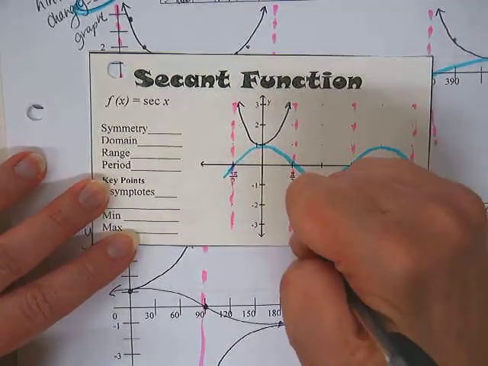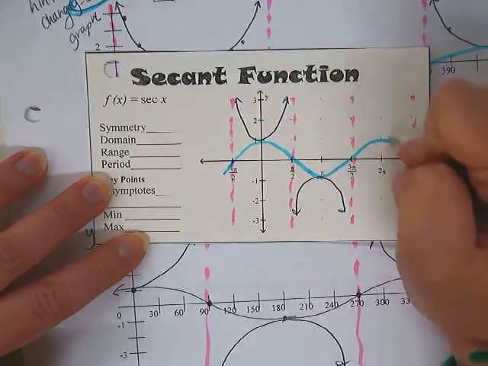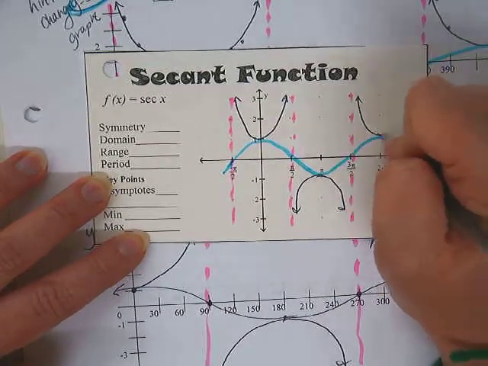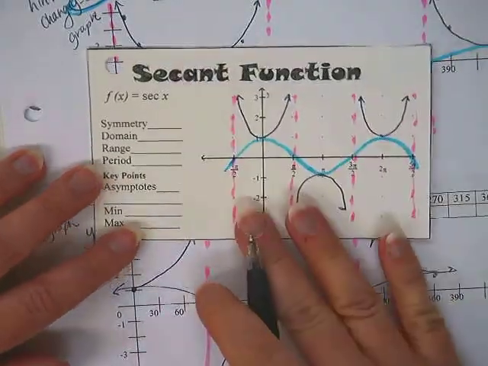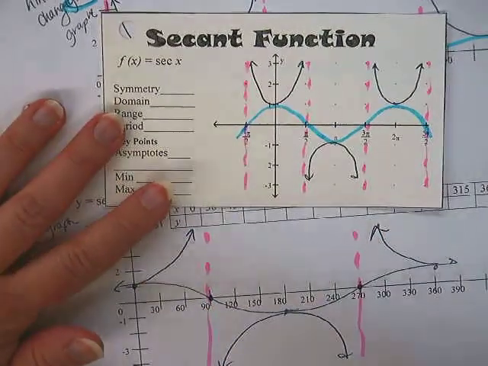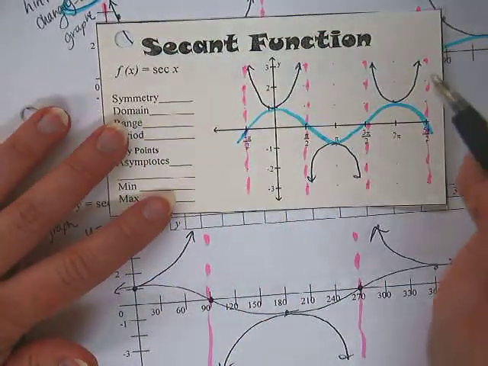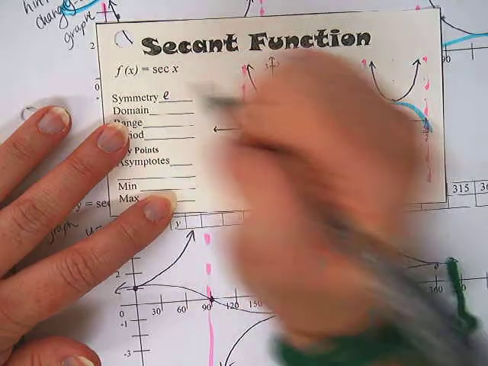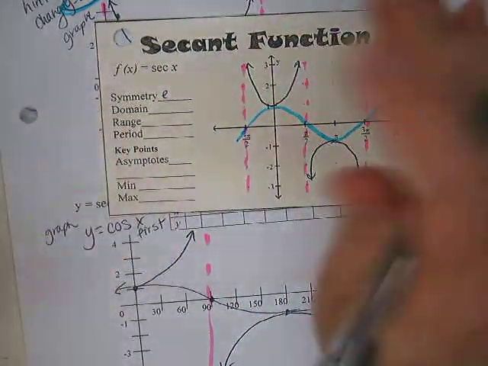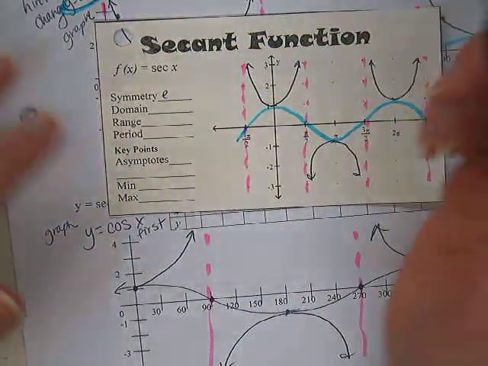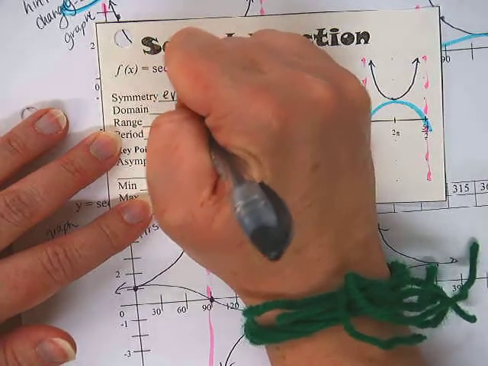And of course the graph's going to follow the same symmetry as cosine. Right? So what's the symmetry? Fold it at the y-axis. Even.